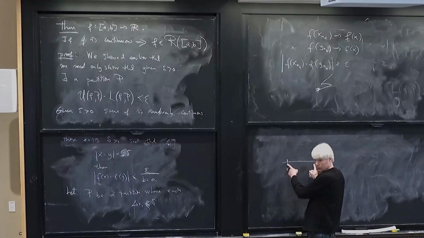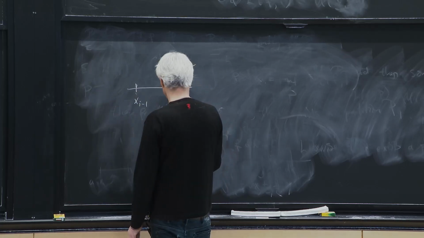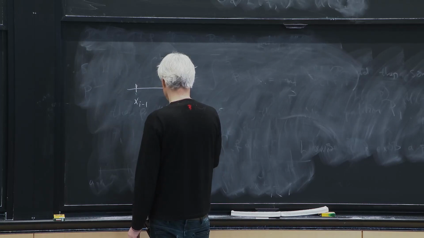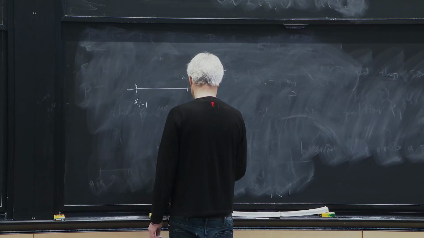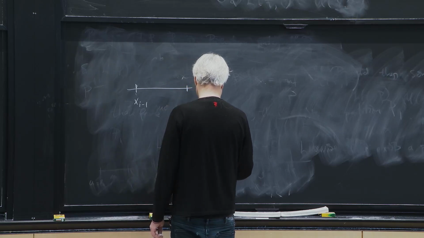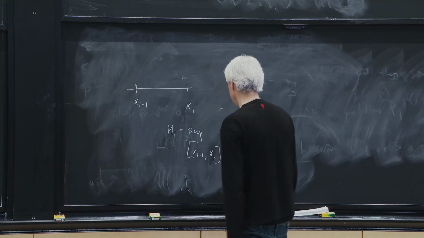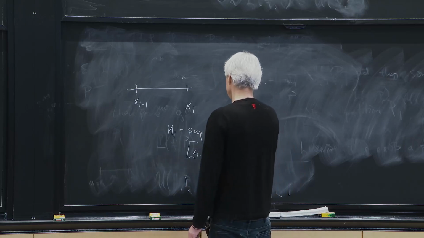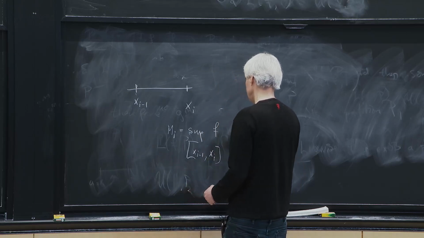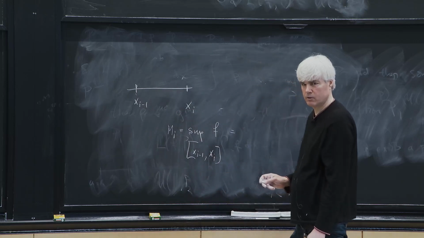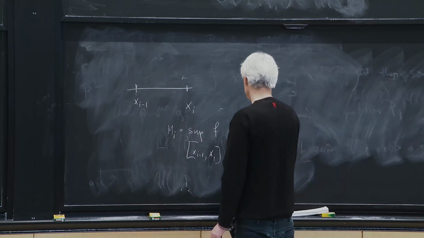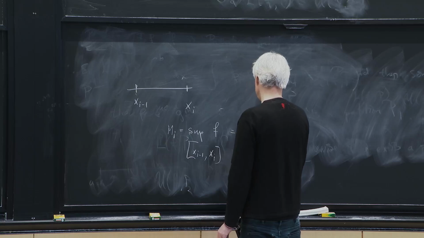Then the function is continuous here. So if you're looking at the sup on this interval, the sup of f on one of these intervals, it's actually achieved by the extreme value theorem, at some point, say y.